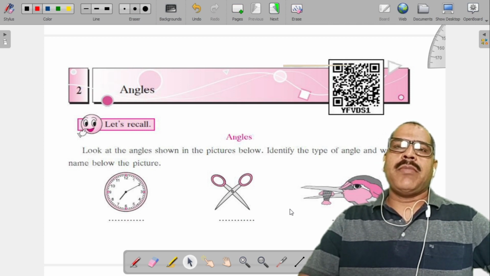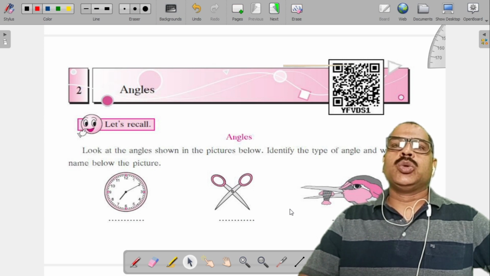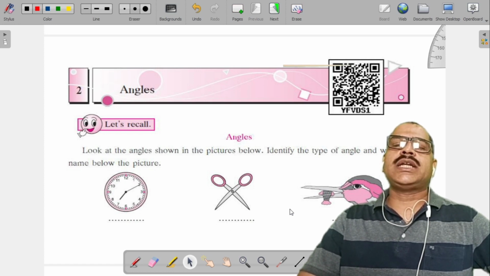And in a similar manner, the angle which has a measure more than 90 degrees up to 180 degrees is called an obtuse angle. These are the 3 types of angle that we have already studied in the 5th standard.